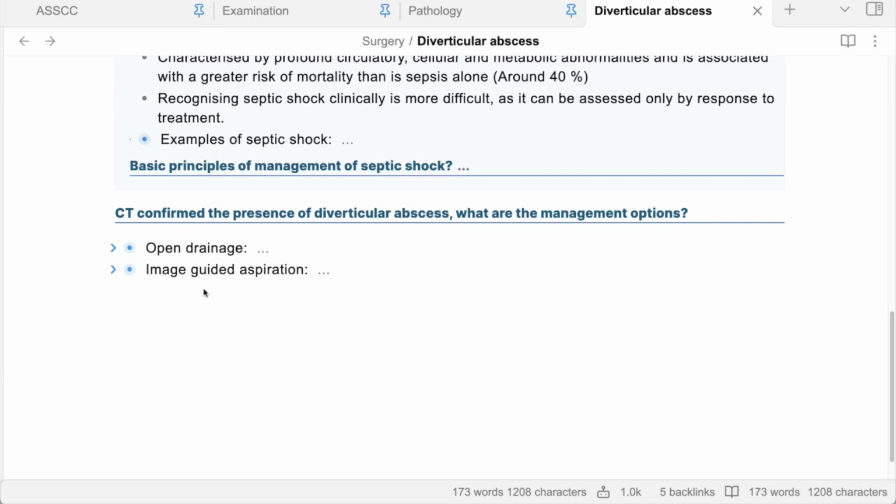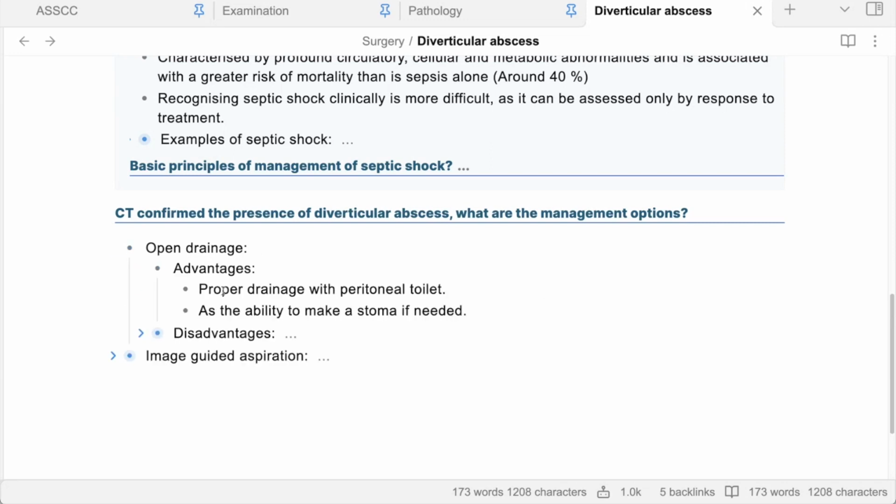Okay, so now you might be asked about the advantages and disadvantages of each. What do you think are the advantages of open drainage? It will be much easier to localize the abscess and drain it directly. Okay. Immediate relief, but the disadvantage is that it may affect the general state of the patient. Okay, so the advantage, yes, is proper drainage. You can give the abdomen a good toilet, and you can make a stoma if needed.